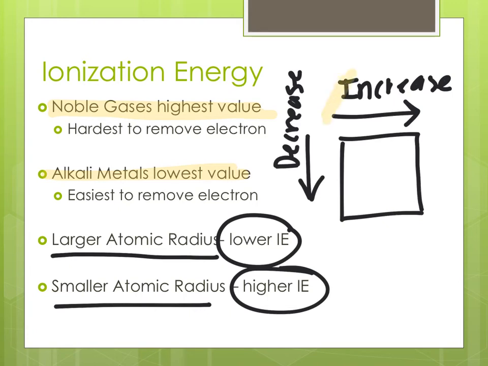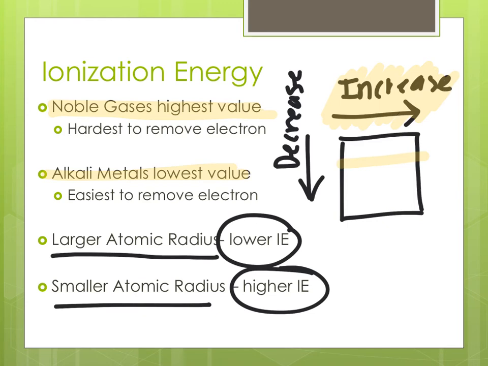The increase across a period in ionization energy should also make sense based on what we were talking about in terms of Coulombic attraction. If we're moving across a period, the valence electrons are still in that same energy level. So we talked about the second energy level, and we talked about how lithium, beryllium, and boron all have valence electrons in their second energy level.